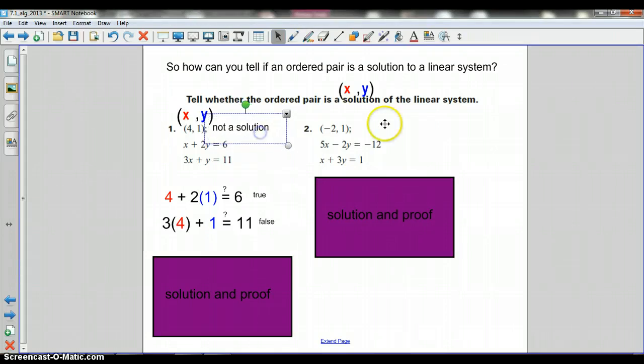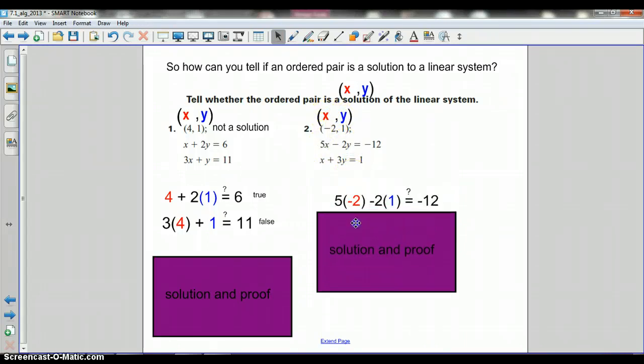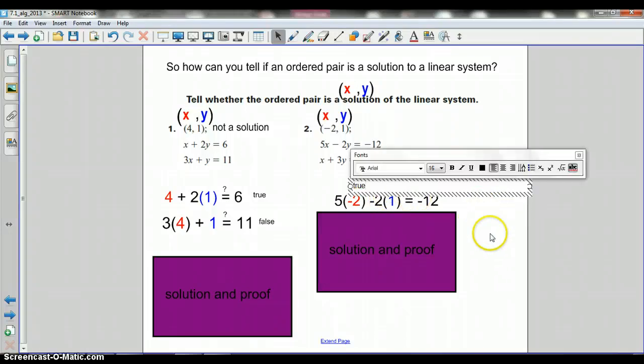Okay, next example. We're going to use -2 for x and 1 for y, and we're going to substitute or evaluate that first equation by plugging in -2 for x and 1 for y to see if it's a true statement. So -5 times -2 is -10, and -10 minus 2 times 1 is -12. That turns out to be true.